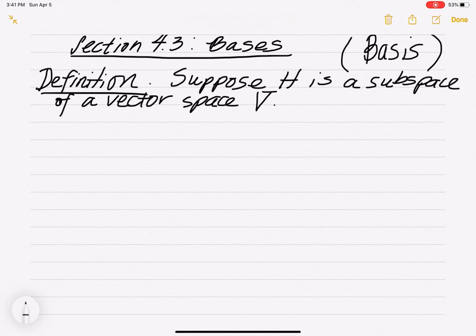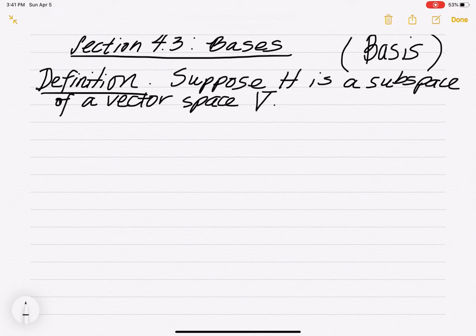A subspace is basically a vector space that lives inside of another vector space. For example, the column space of A lives inside of Rm, and the null space of A lives inside of Rn. So you could say the column space of A is a subspace of Rm, or the null space of A is a subspace of Rn.